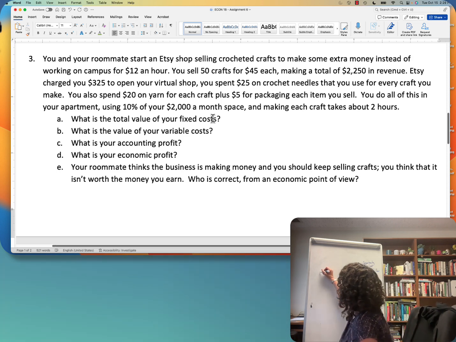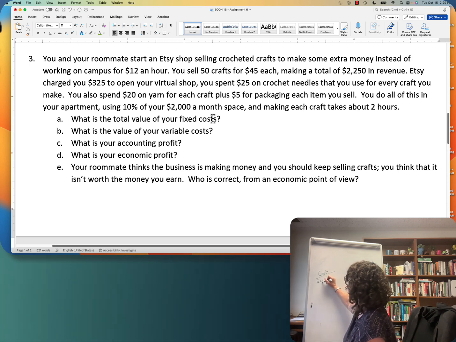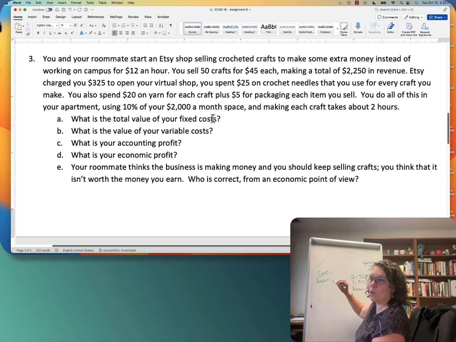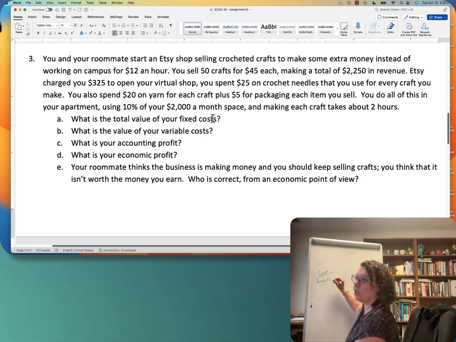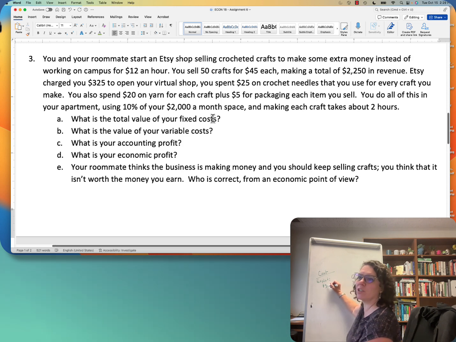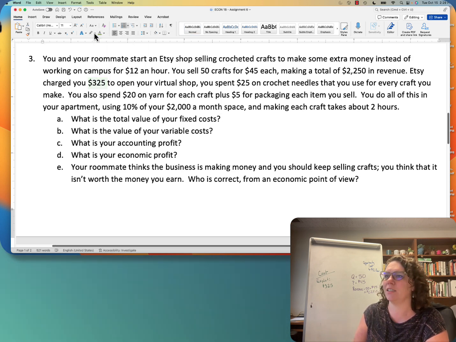Now we want to look at the costs. In terms of costs, we have explicit costs, which is going to be anything we spend money on. So we spend $325 to Etsy to open our business, right? So let's go ahead and mark that. That is definitely an explicit cost.